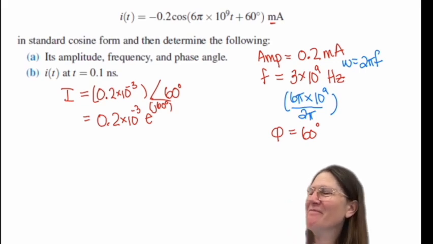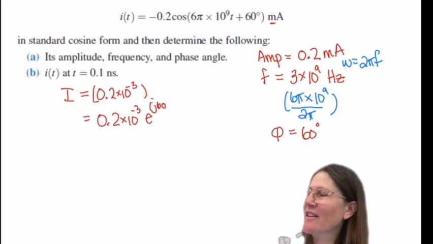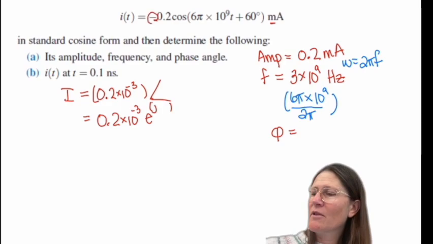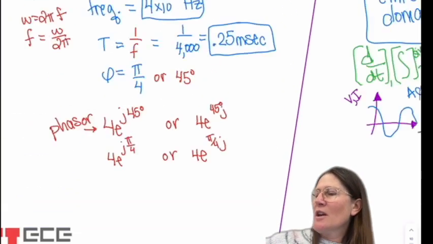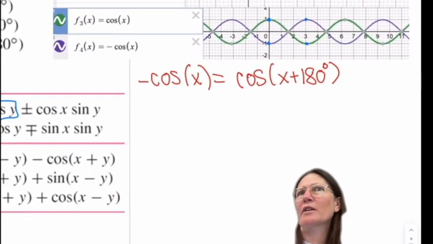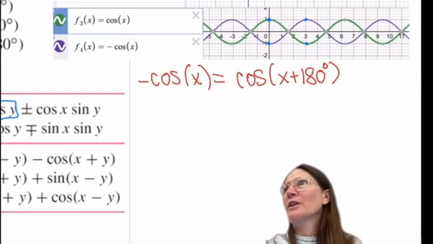Yes. Why do you not include the negative for amps? Okay, so the negative is not the magnitude portion, it's the phase portion. So this is actually not 60. So you have to bring in the negative. And remember that a negative cosine is a positive cosine plus 180 degrees.